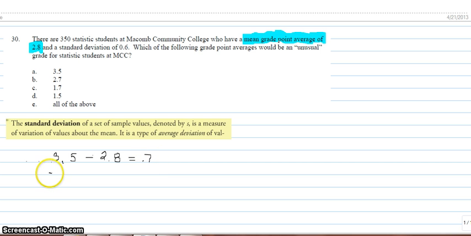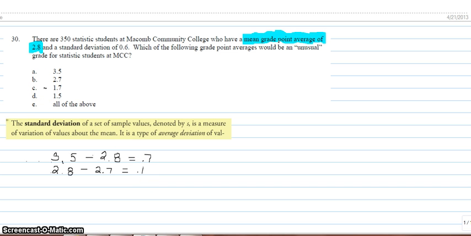Next, we're going to look at the second answer they've given us, 2.7. Again, we need to take the mean grade point average, 2.8, and subtract 2.7 from that. And we come out with the value of 0.1.